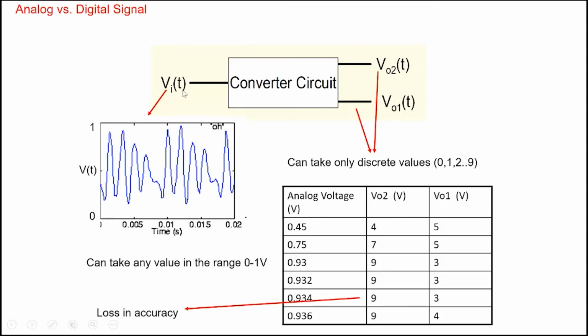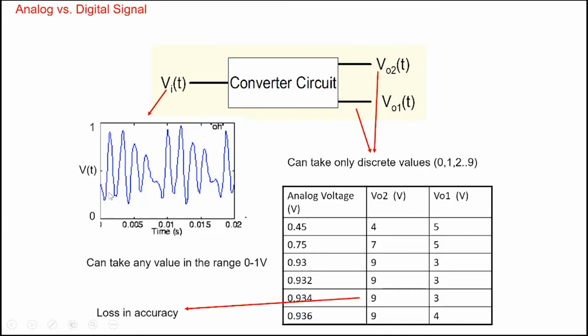Note that when converting analog to digital, we will always have a loss in accuracy. No matter how many digits I take, there would always be something I would be ignoring. If I take a 3-digit number, I would be ignoring the effects of the 4th decimal place. So there's always a loss in accuracy.